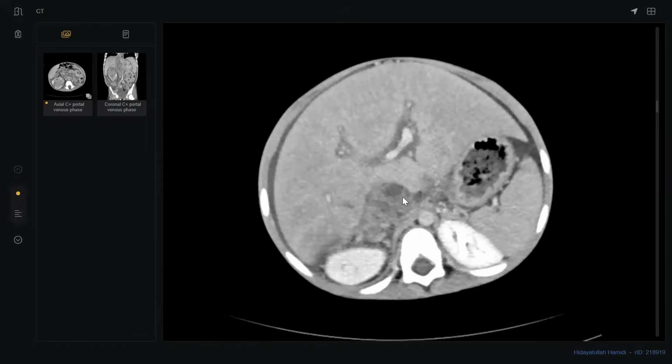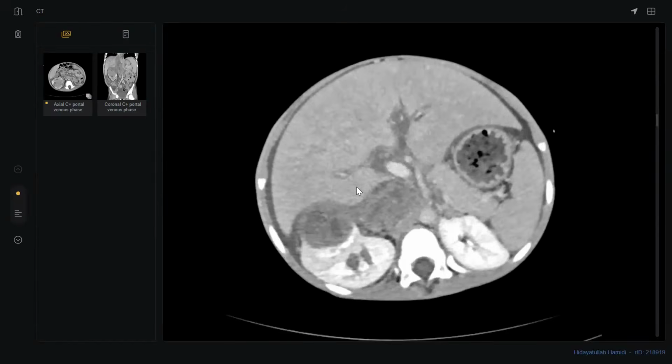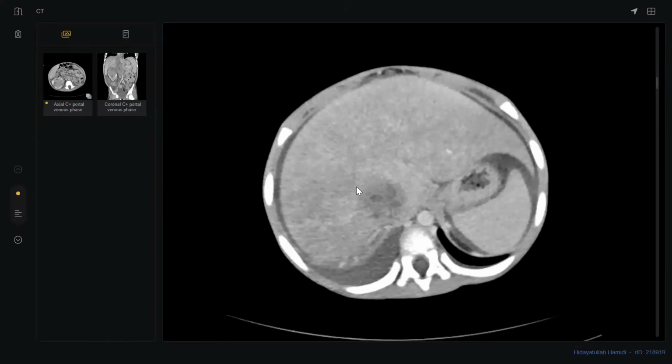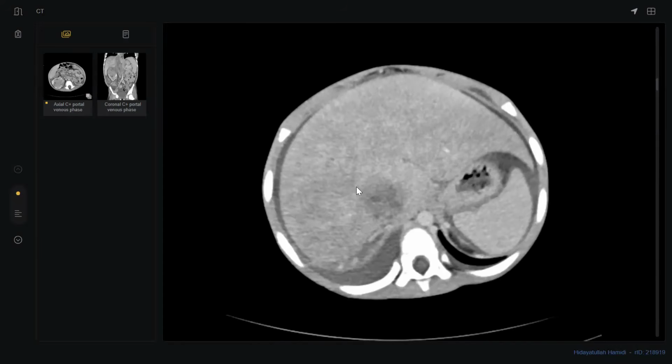We can call it Budd-Chiari, yes. There are many names: nutmeg appearance, dirty liver appearance. At least tell the examiner something about the list.